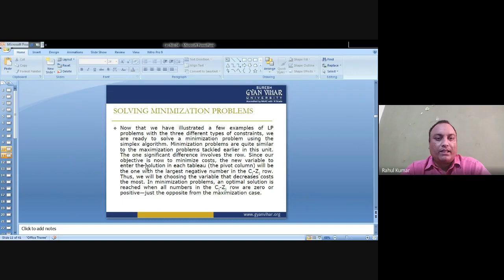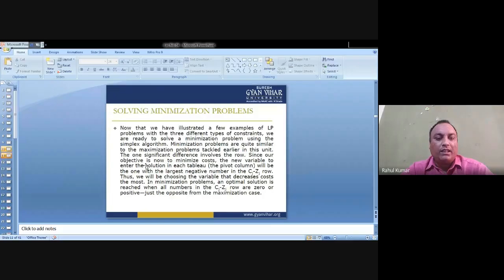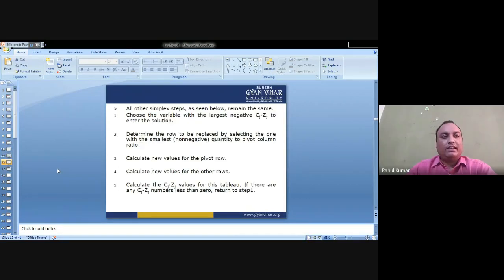In a minimization problem, an optimal solution is reached when all numbers in the Cj minus Zj row are the opposite of the maximization case. Here are some steps to follow to solve the minimization problem, similar to the maximization problem.